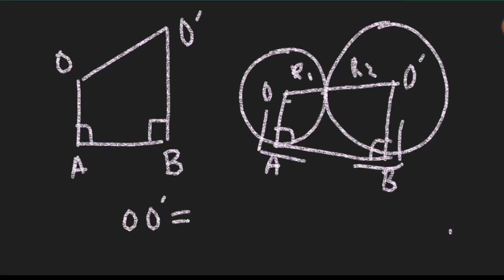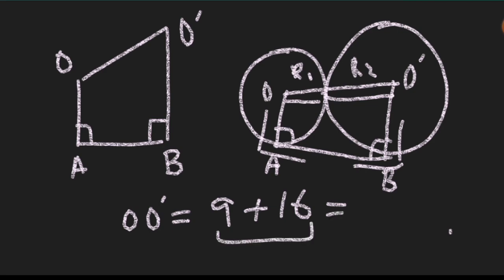This is the radius of the smaller circle, 9 units, and this is the radius of the bigger circle, 16 units. So the total length of this side will be 9 plus 16, which is equal to 25 units.